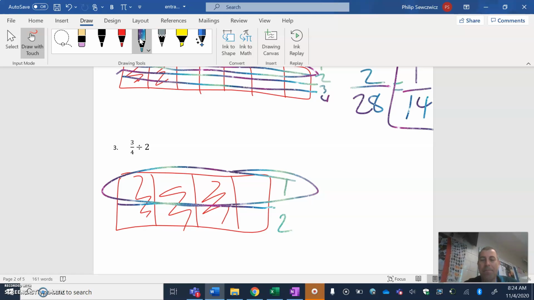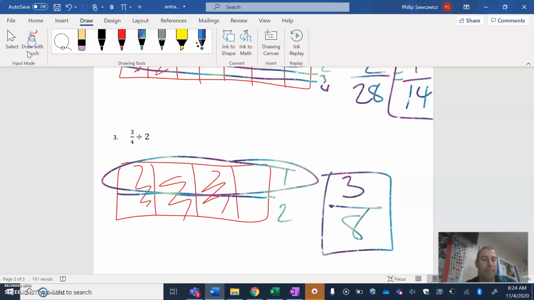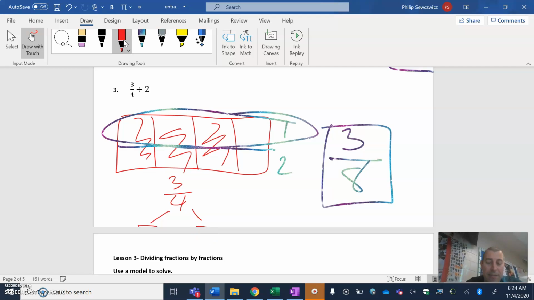How many did we shade? Yeah, 3 of them. How many boxes were there though? We're going across 4, down 2. That's 8. So it is 3/8. The explanation behind it is, if I take this 3/4 and break it up into two groups, I want to know how much is in each box.